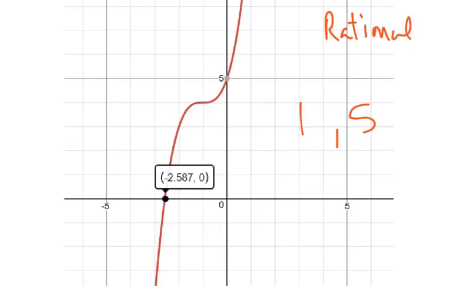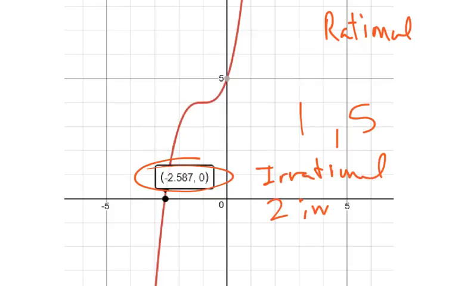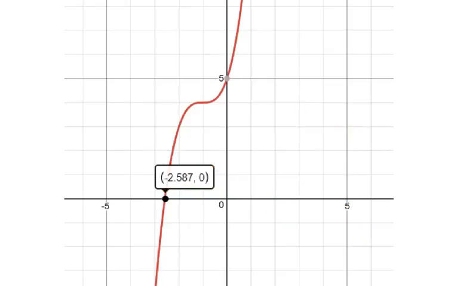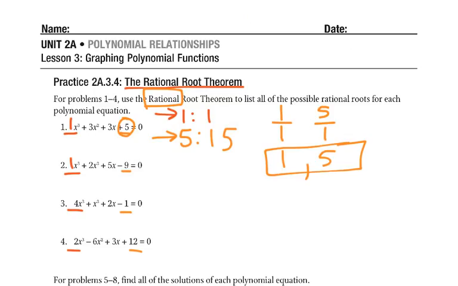We actually end up having one irrational root, and then we'll have two imaginary roots. So this is only good for giving you an idea. It's not very helpful, honestly, because it doesn't tell us exactly what we need to know. But this is how we find it. Okay? So let's do the next one.